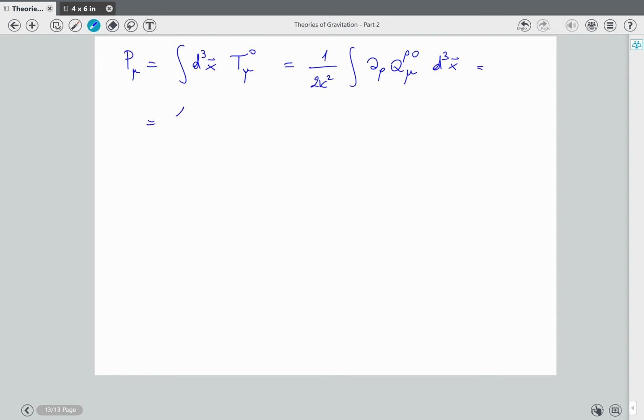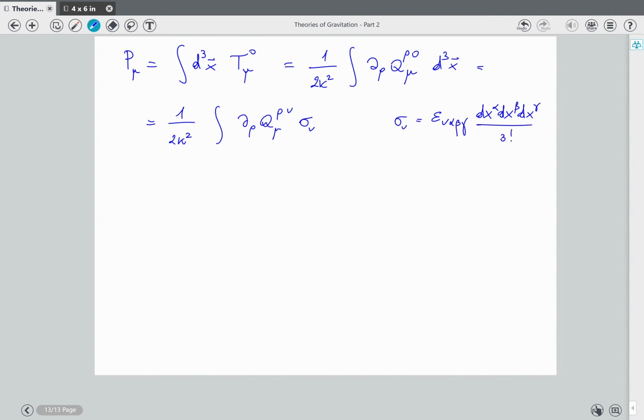So this can be written as 1 divided by 2 kappa squared partial rho q mu rho nu sigma nu, where sigma, I recall, is equal, in this case we are in flat space, so we don't even have the square root of g, and that is equal to epsilon nu alpha beta gamma dx alpha dx beta dx gamma divided by 3 factorial.